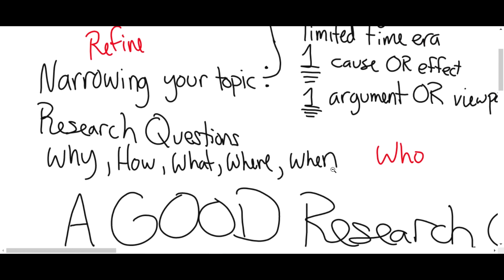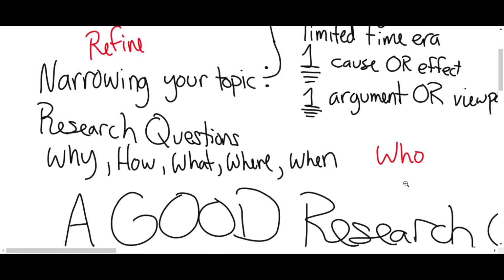So, something that we have to talk about is what a research question is and what a good research question is. Research questions are a question. And so, I would normally say, what kind of questions do you think a research question starts with? And I'll tell you right now, the 5 W's and 1 H: who, what, when, where, why, and how.